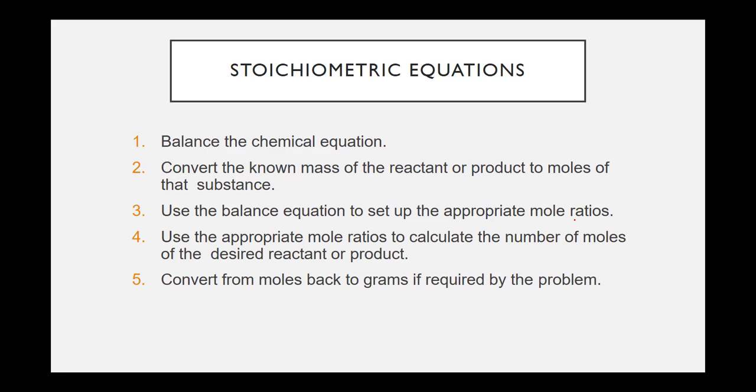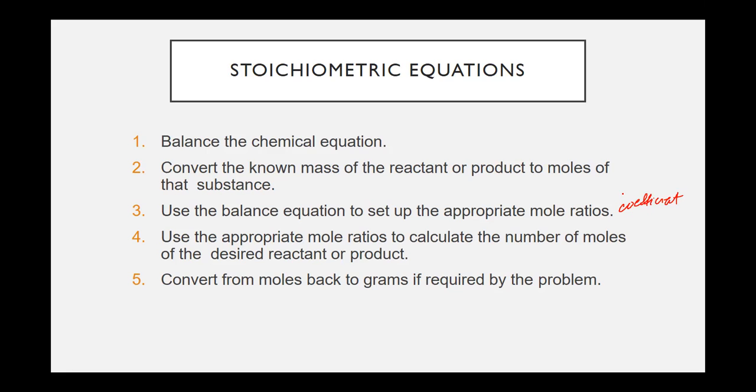And then we convert the known mass of the reactant or product to moles of the substance. Use the balanced equation to set up the appropriate mole ratios. So makikita natin yan sa coefficient ng ating reactant at ng ating product.